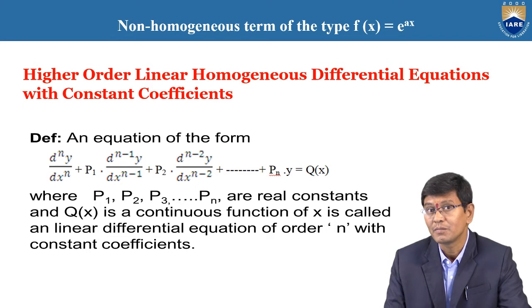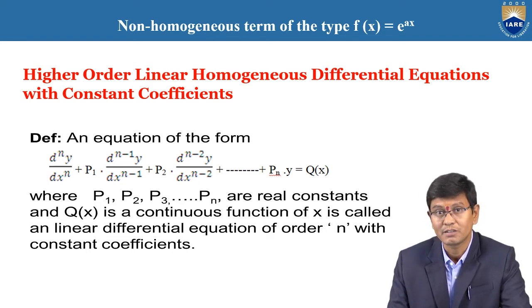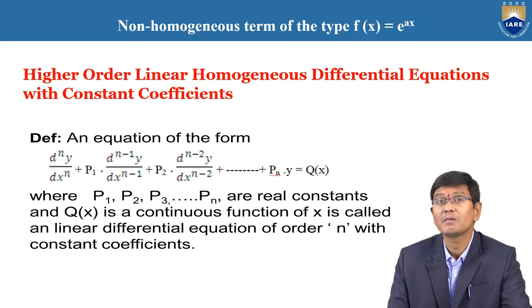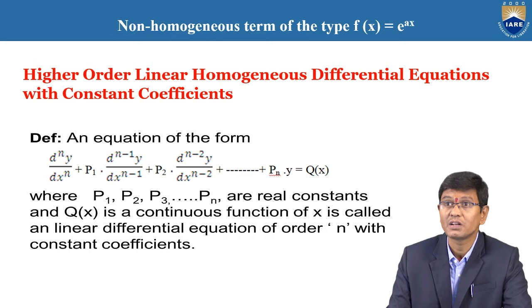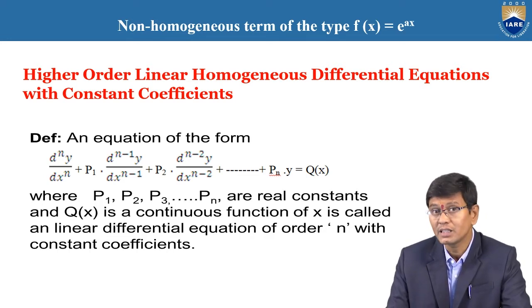An equation of the form d^n y/dx^n + p1 d^(n-1) y/dx^(n-1) + p2 d^(n-2) y/dx^(n-2) + and so on + pn y = Q(x), where p1, p2, up to pn are real constants and Q(x) is a continuous function of x, is called a linear differential equation of the nth order with constant coefficients.